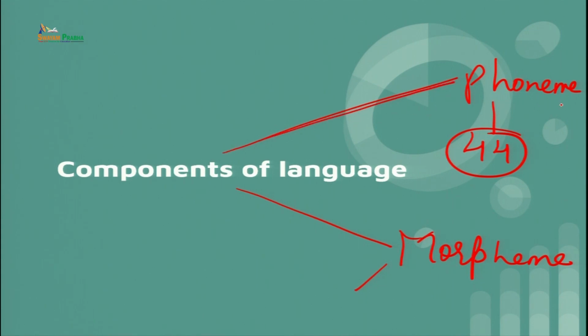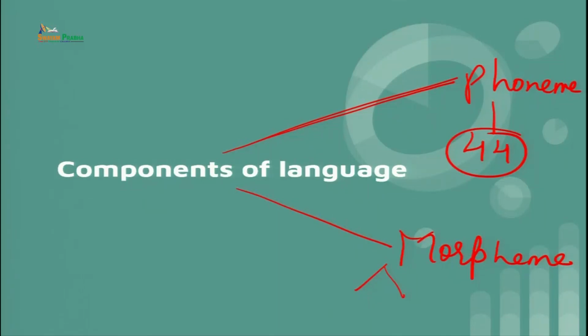So, phonemes are not meaningful, but when they are combined and put together, then you can say that they are composing a morpheme, and therefore they come out as a unit, as a separate entity.